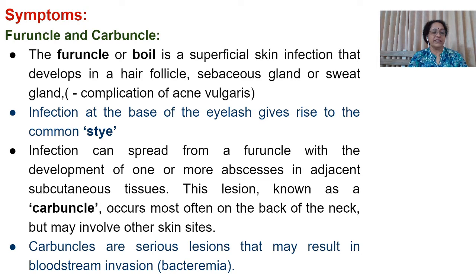Carbuncles are serious lesions that may result in bloodstream invasion. That is, initially it is present superficially, cutaneous, but when they gain entry into the blood circulation, one can see bacteremia, which is a serious type of infection in case of staph.